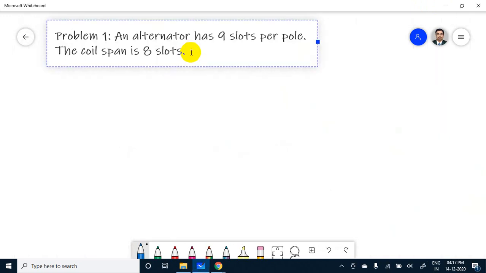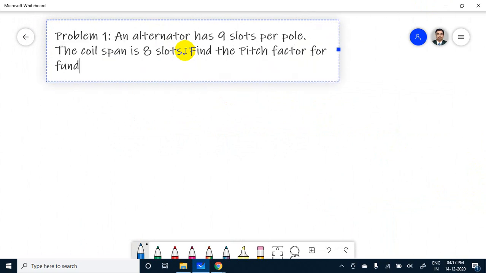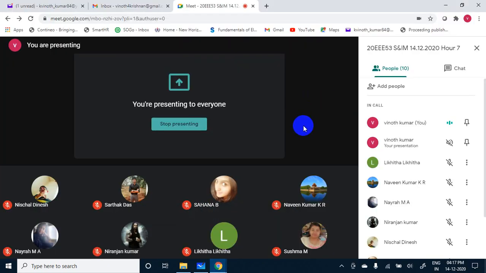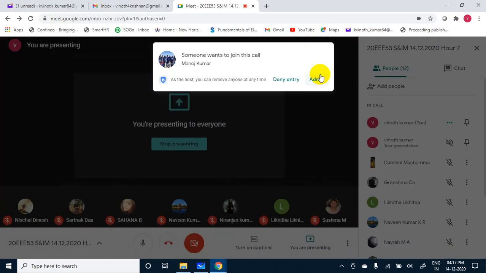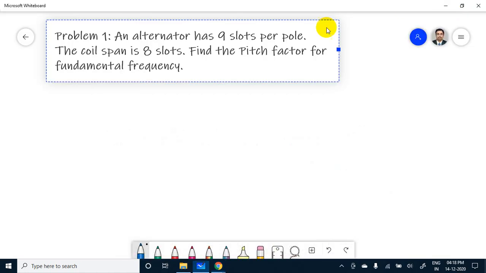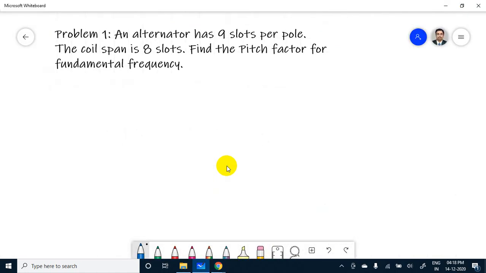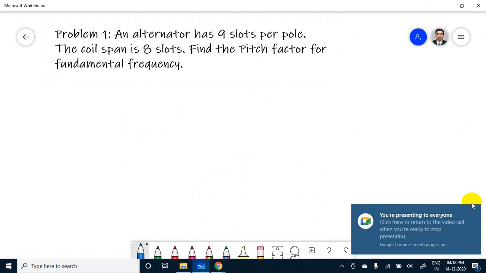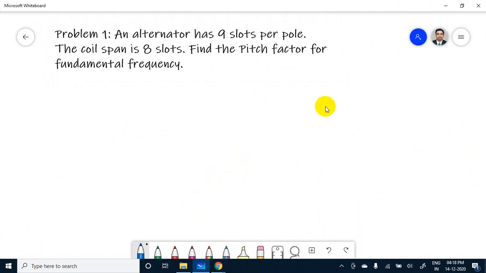The coil span is 8 slots. Find the pitch factor for fundamental frequency. Okay, so this is the problem which has been taken from model number 4.